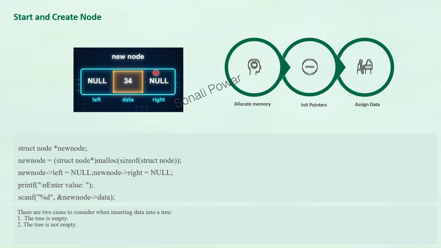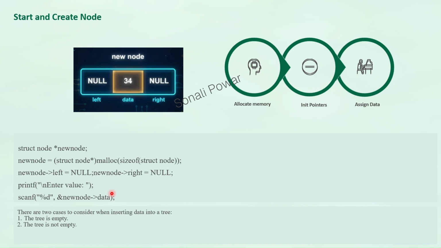It means the right part also stores the null value. Next, I have to set the data part. This data part you have to take from the user. So for that I will use the printf statement. This message will be printed and you are going to store that data into the data part of the new node. So you have to write newnode->data, so that whatever value is entered by the user is stored into this data part.